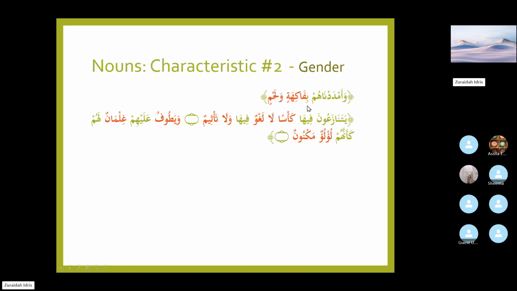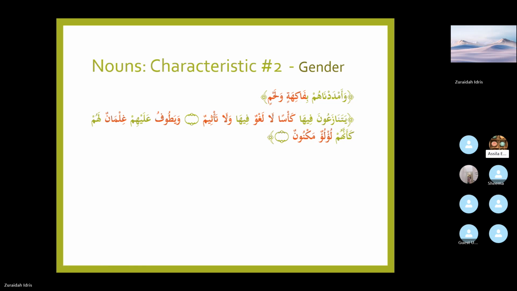First, is it an isim or not? Yes, it's an isim because of the tanween. So now, is it definite, indefinite, or masculine? It's nakira because of the tanween. And then male or female? Nakira bifakihatin.